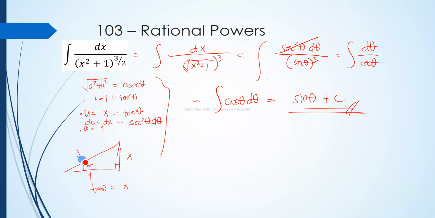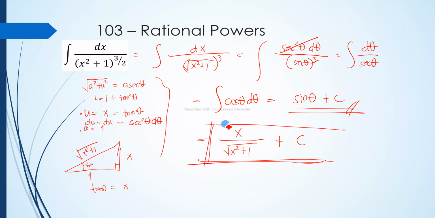And therefore, its hypotenuse is the square root of x squared plus 1. So sine theta is just the opposite over the hypotenuse, or x over the square root of x squared plus 1, plus c. And this will be our final answer for this specific problem.